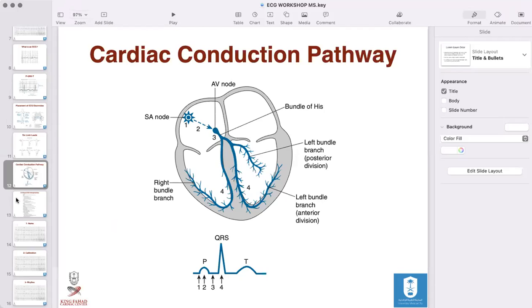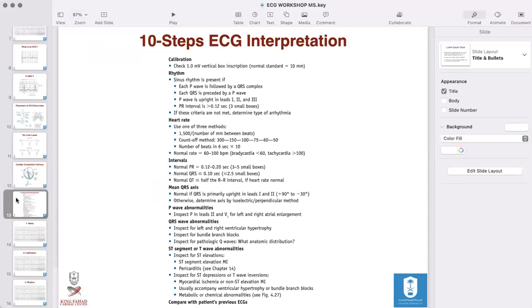Okay, so after we went through an overview of what the ECG is, how we do it, and the anatomy, now I want you to go step by step through ECG interpretation. I want you to remember 10 steps. One, make sure the ECG belongs to the patient.